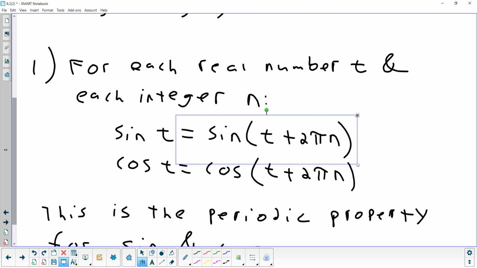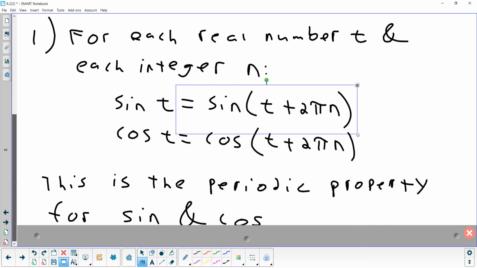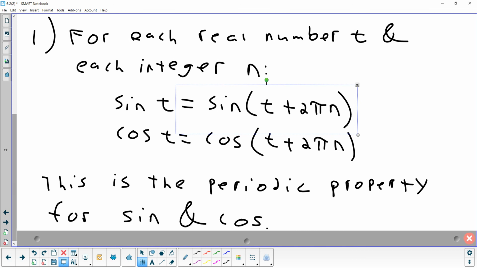You could add 2 pi times 1, 2 pi times 2, 2 pi times 3. You can add 2 pi as many times as you want. It's just bringing you around an extra revolution. Okay, I demonstrated it with 360 because I think the arithmetic is easier to see. That's called the periodic property of sine and cosine.